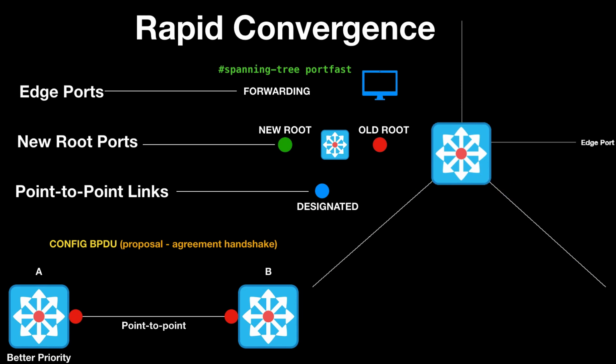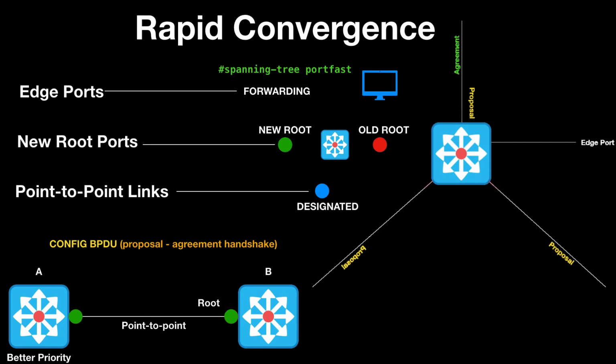After receiving the proposal message, device B selects as its new root port the port from which the proposal message was received, forces all non-edge ports to the blocking state, and sends an agreement message, a BPDU with the agreement flag set, through its new root port. After receiving device B's agreement message, device A also immediately transitions its designated port to the forwarding state.